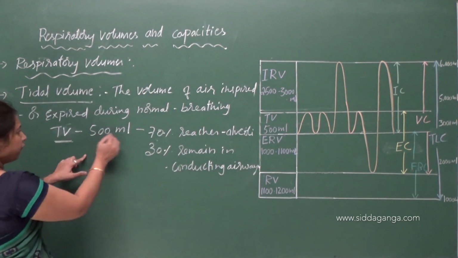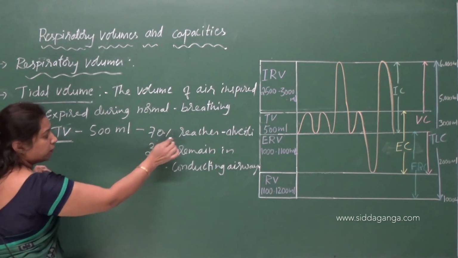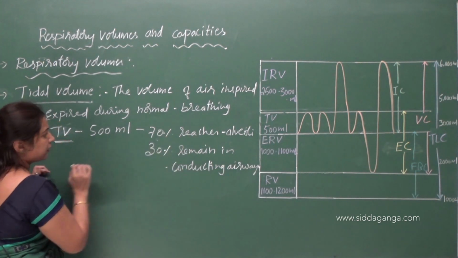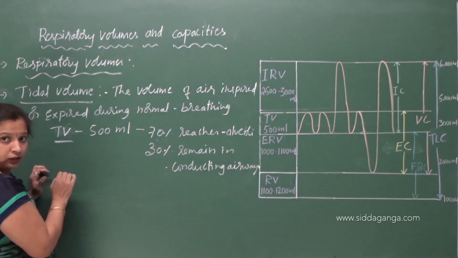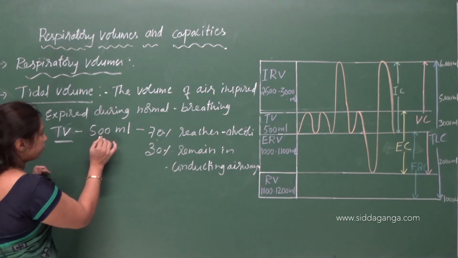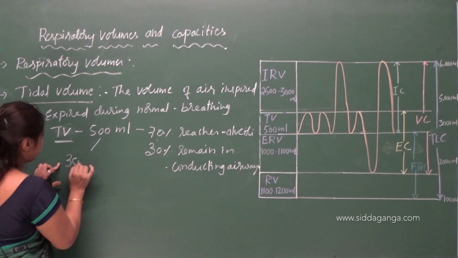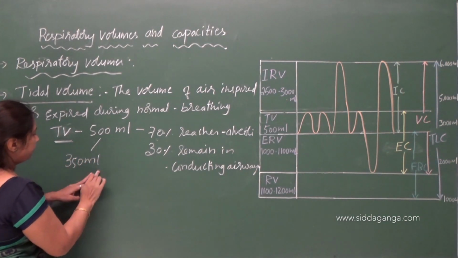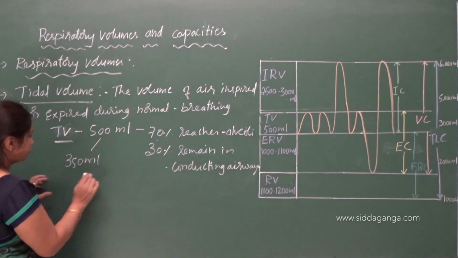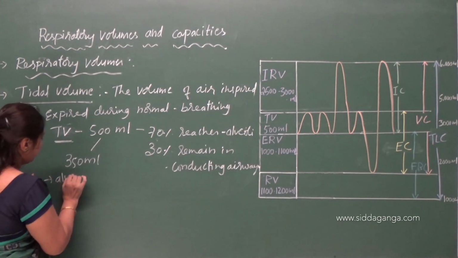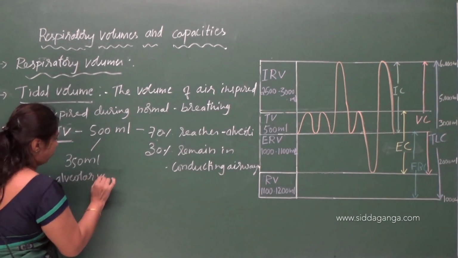Okay, so of the 500 ml, how much air reaches the alveoli? 70% of it reaches the alveoli, right? So of the 500 ml, 70% means 350 ml of air will reach up to the lungs. So this is called the alveolar volume.